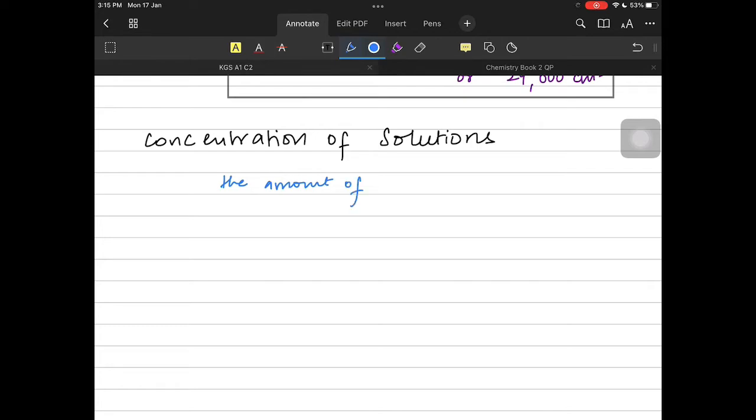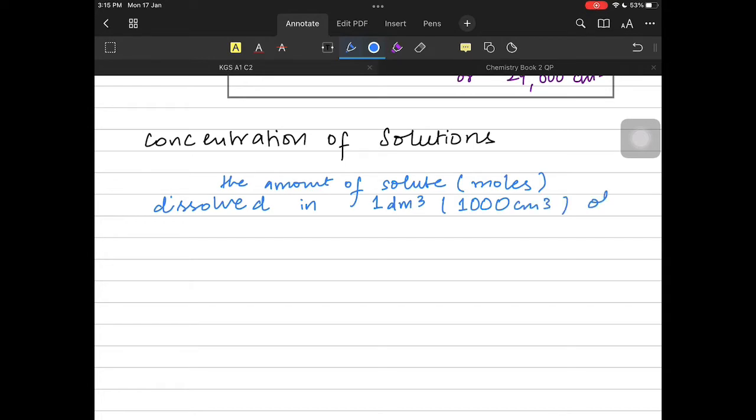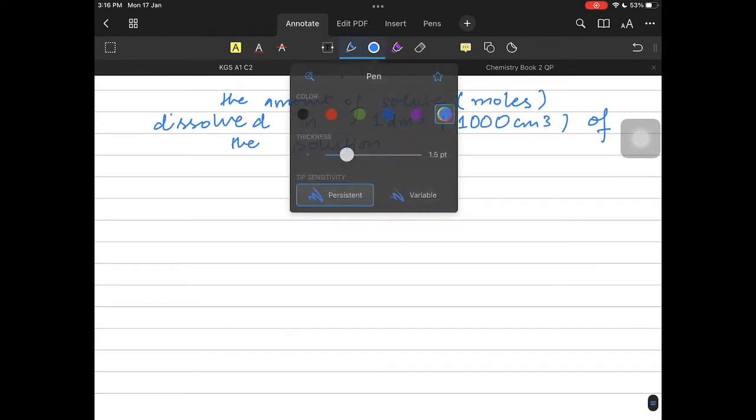So concentration of solution becomes the amount of solute, which is obviously moles, the amount of solute in moles dissolved in 1 decimeter cube, or you can say 1000 centimeter cube of the solution. We always talk about 1 decimeter cube of the solution.